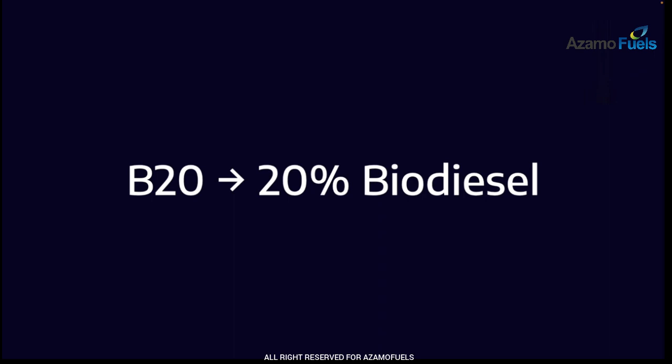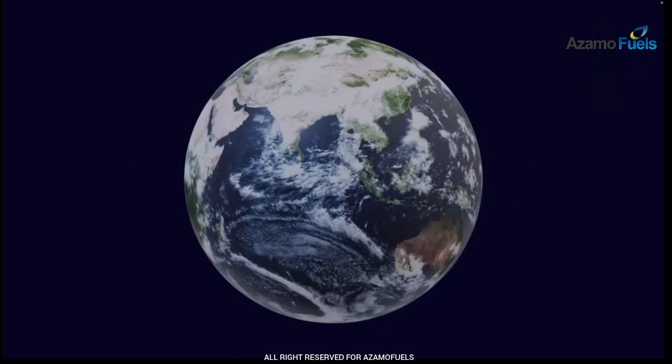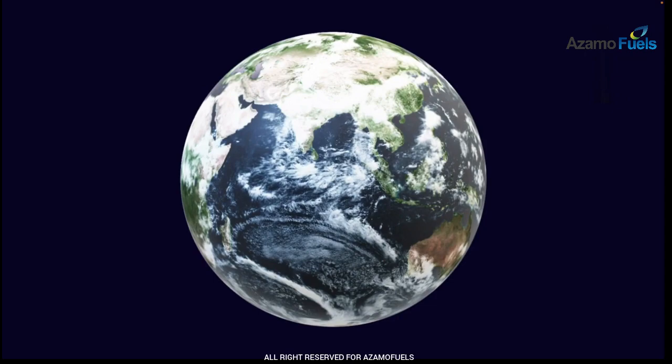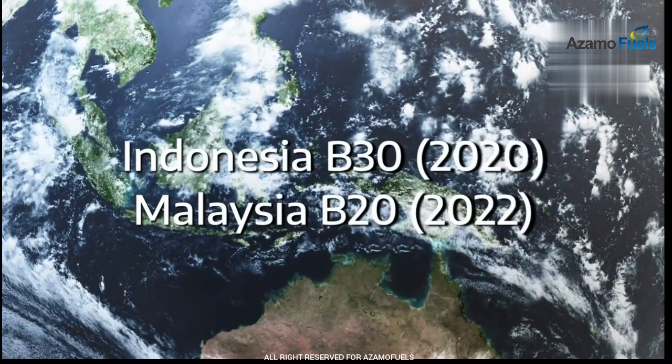Now, around the world, there are different rules and regulations about the biodiesel content, right? So let's say, for example, in my part of the world, Indonesia brought a mandate in 2020 that all the diesel across the country be B30, right, which is 30% biodiesel or plant derived.